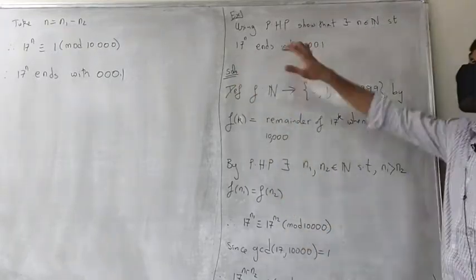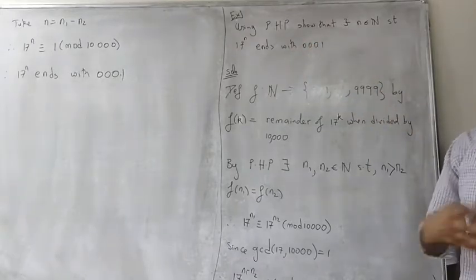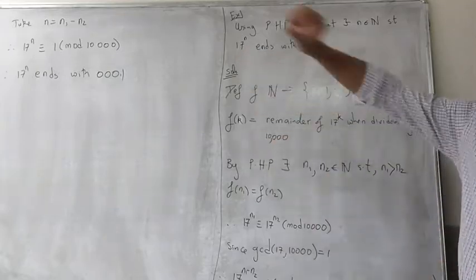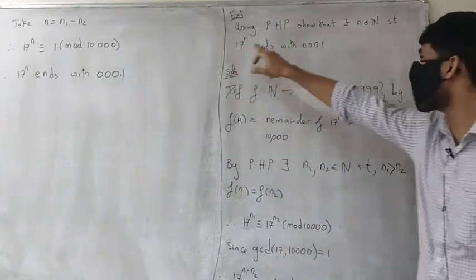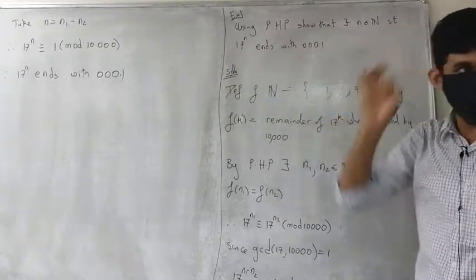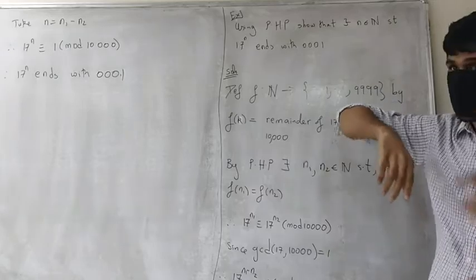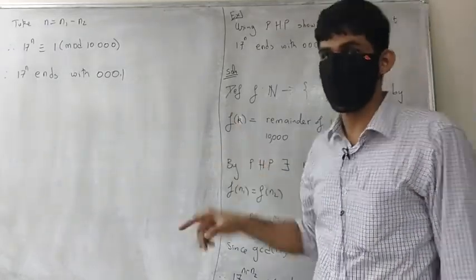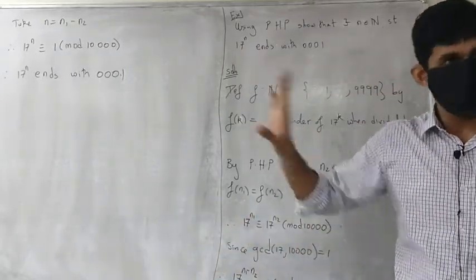Do I need to take 10,000? No, I can take any power of 10. So I can end with as long a string of zeros and 1 at the end, right? If you look at all the powers of 17, there will be some which end with 0, 1, some which end with 0, 0, 0, 1. Of course, if something ends with 0, 0, 0, 1, then it also ends with 0, 1.